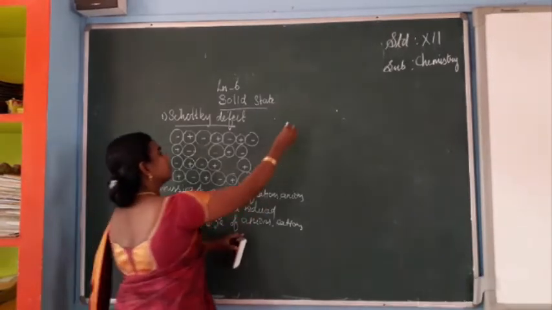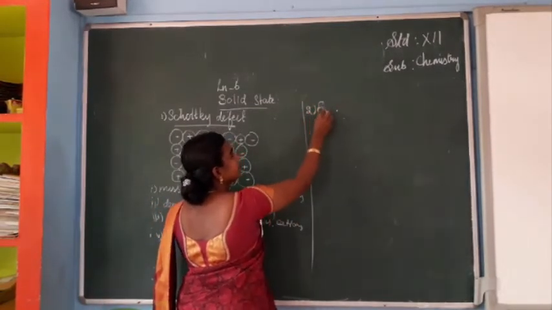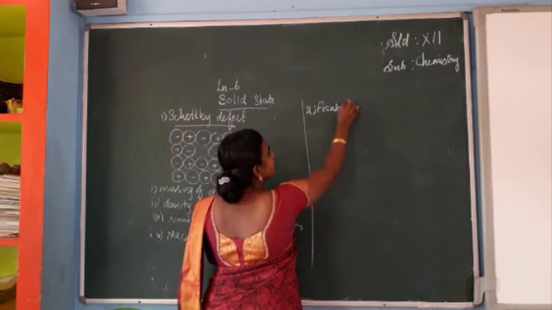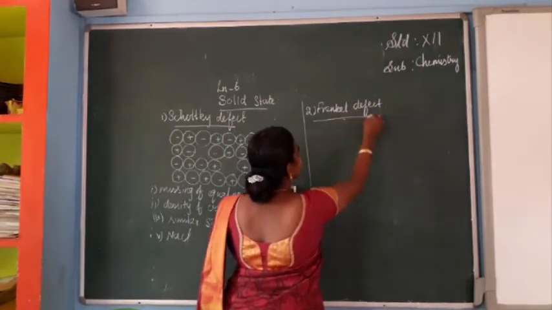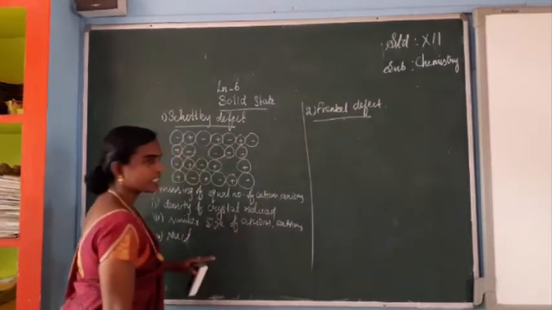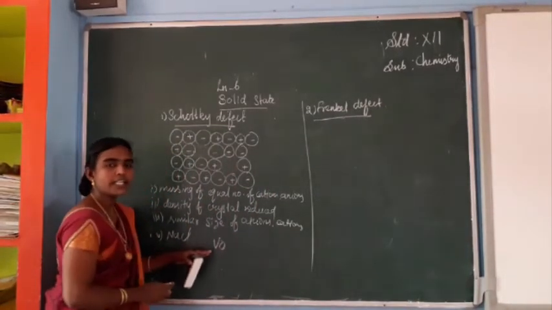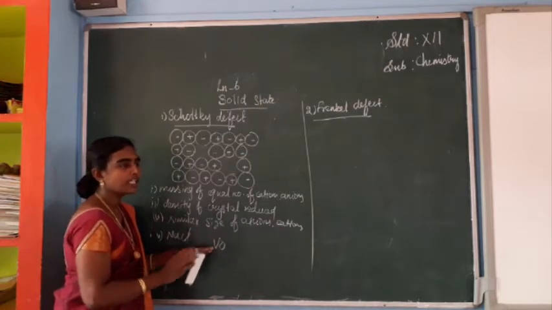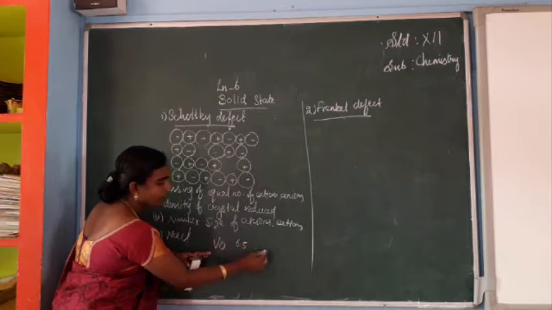So next, we can see the next defect, Frenkel defect. Consider AgBr as an example. Here one more example is given, that is vanadium oxide. Vanadium oxide, its actual edge length is 6.5 value.